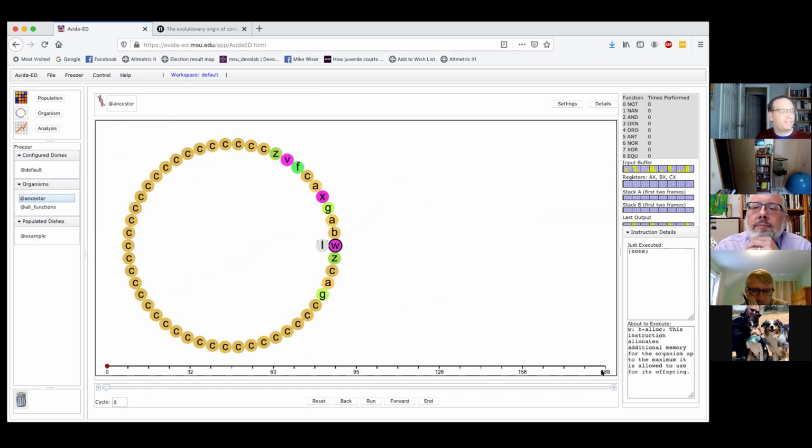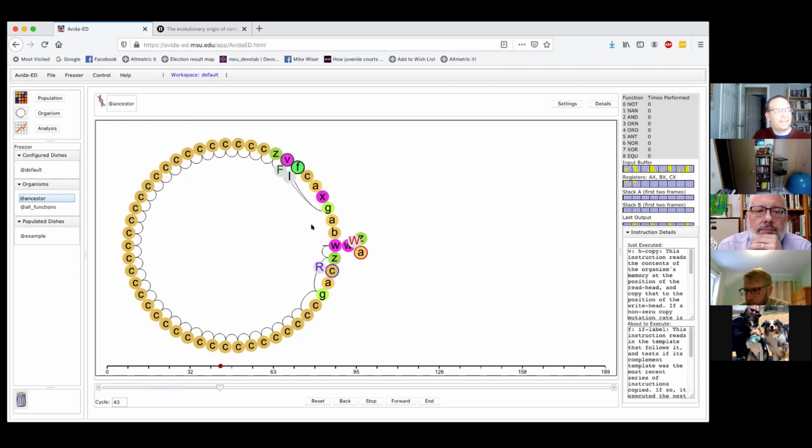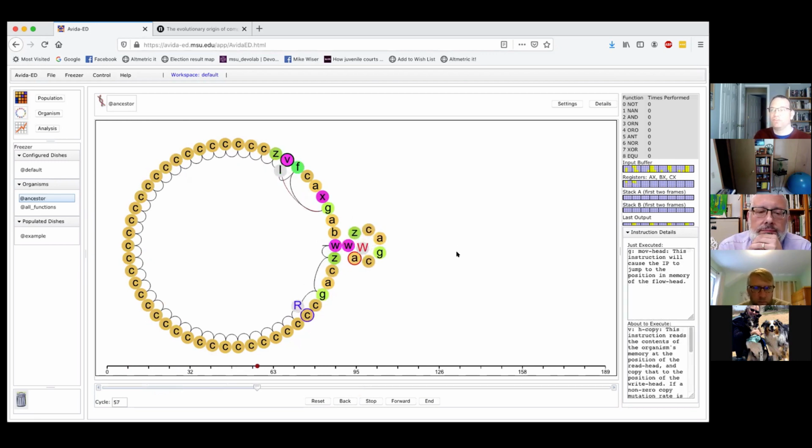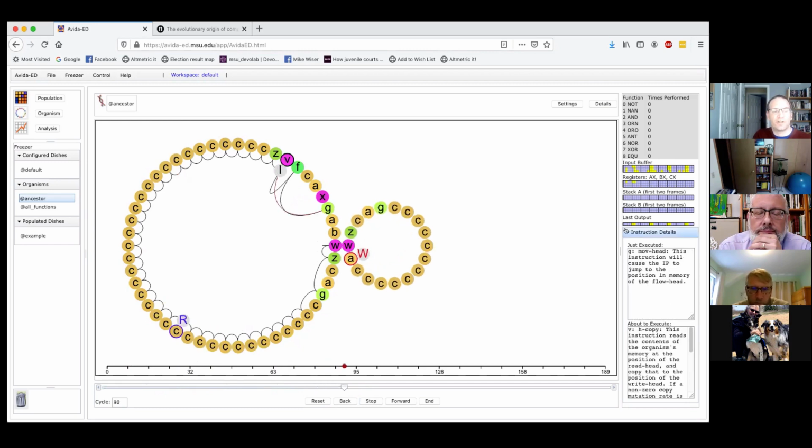And so this is a smaller organism in certain ways than the other one. Now, the total number of sites in the genome is fixed. Everything in Avida-Ed has 50 sites in its genome, but they execute things in these loops. And in this initial one, if I'm running it, you can see it goes through, looks at these initial things, and then its loop is just this tiny fraction of the genome. And so it's not executing anywhere near as much stuff.